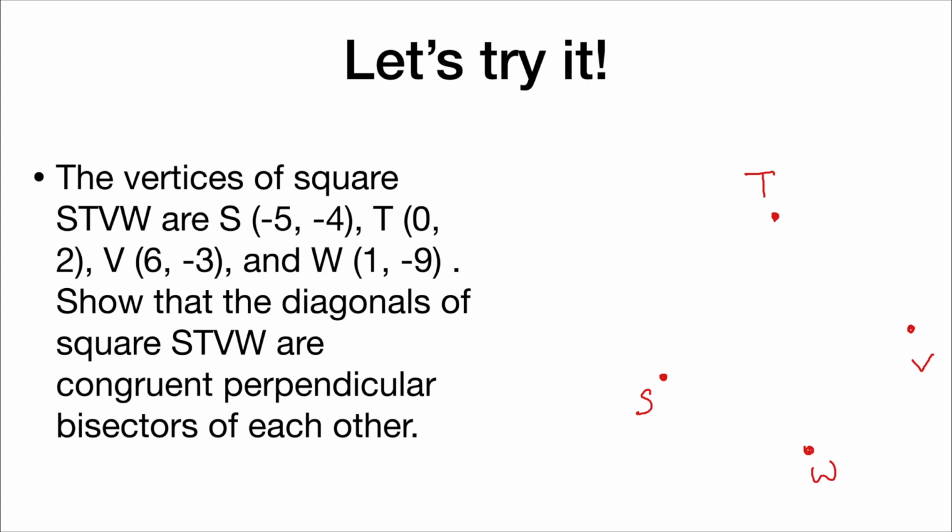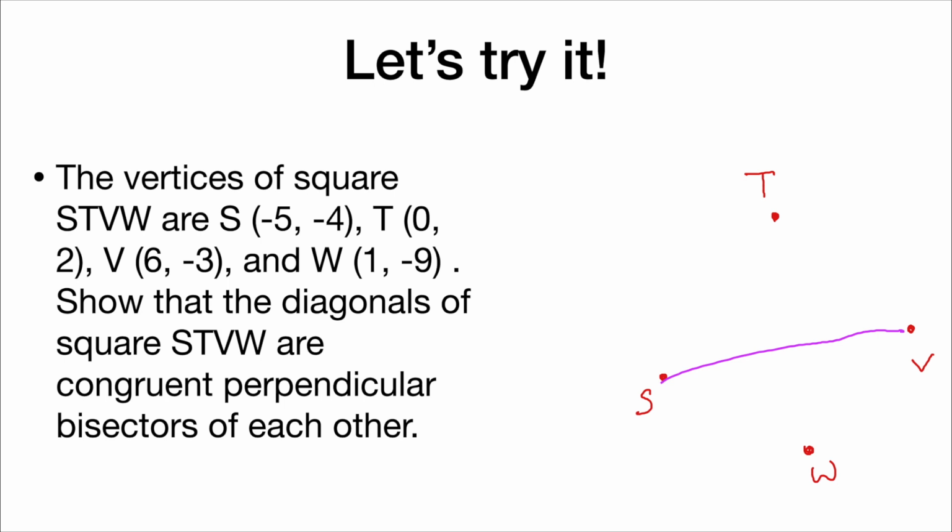So what I'm going to do is I'm just going to talk about the diagonals because that's all that really matters here. So our first one that we're going to deal with is this S to V diagonal. What we want to do is find its slope, but we also want to find what the actual change in X and the actual change in Y are.